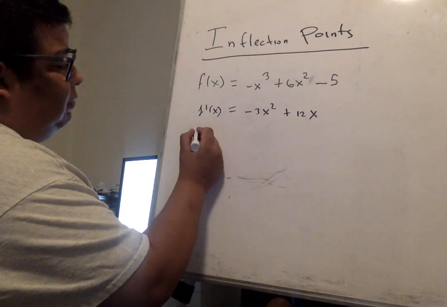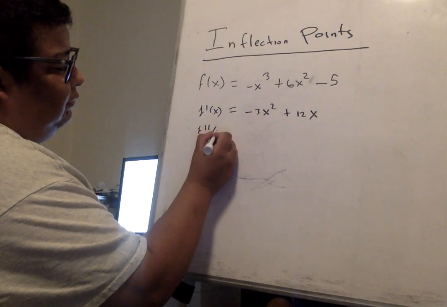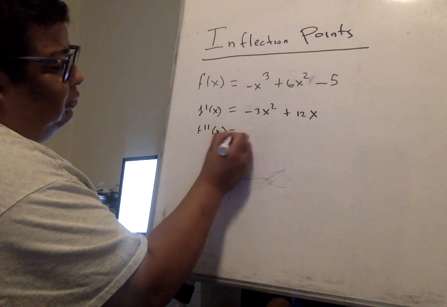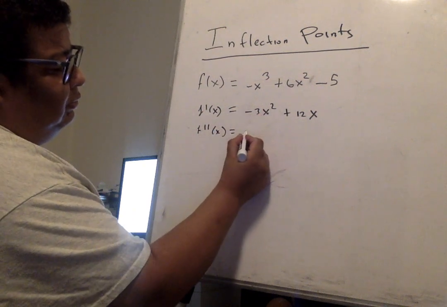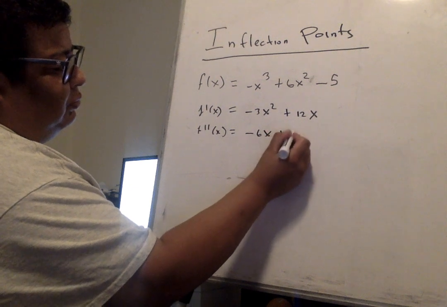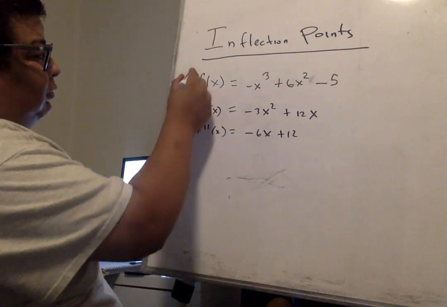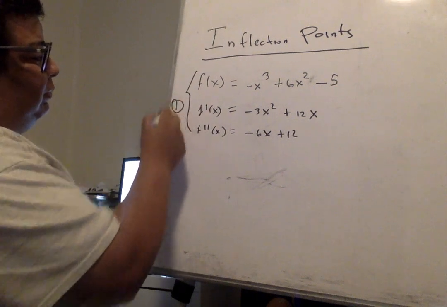The second step is to take the second derivative of f of x. So that will be negative 3 times 2, that will be negative 6x plus 12. So this here is first step.